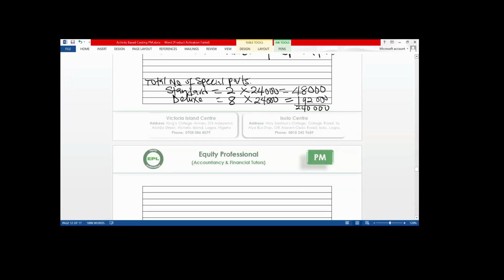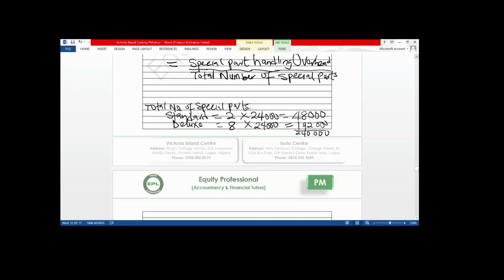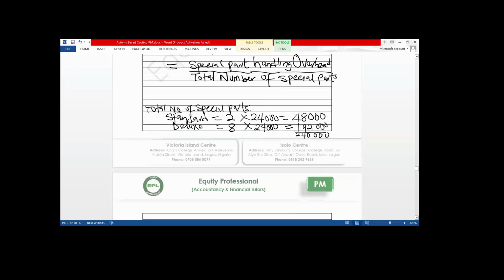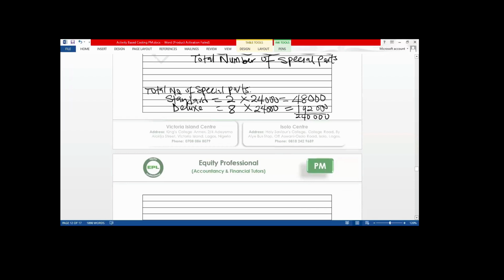So I can take the total down here, 240,000. You have the total number of special parts. You can calculate your special parts cost driver rate now.